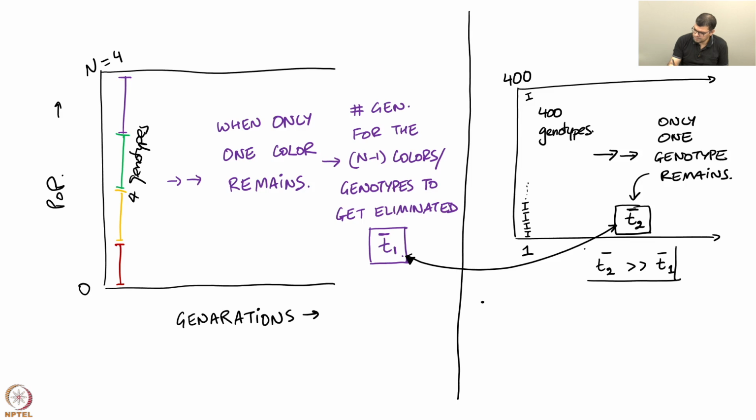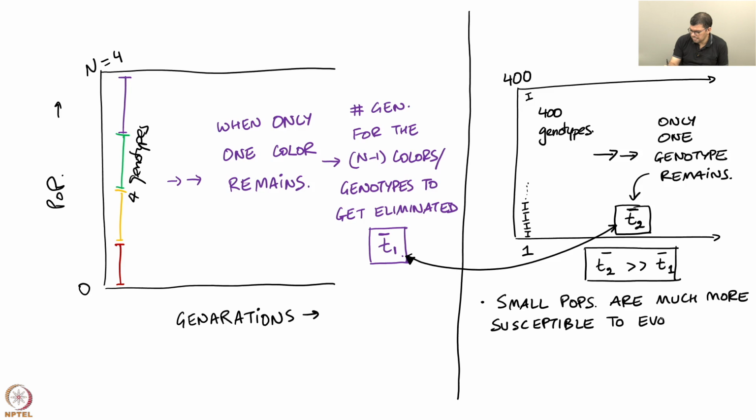This intuitive realization brings us to an important point in evolutionary biology, that small populations are much more susceptible to evolutionary change by the action of drift, or chance, as compared to large populations.